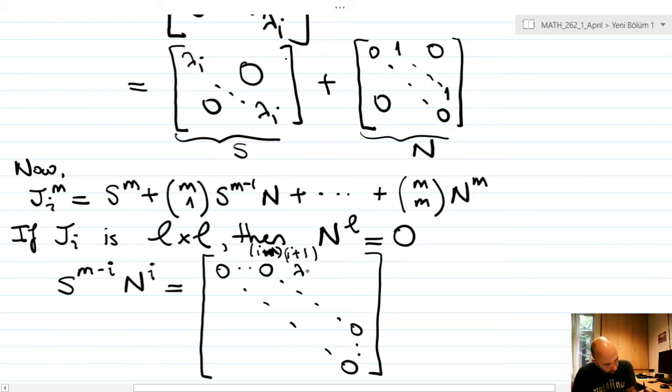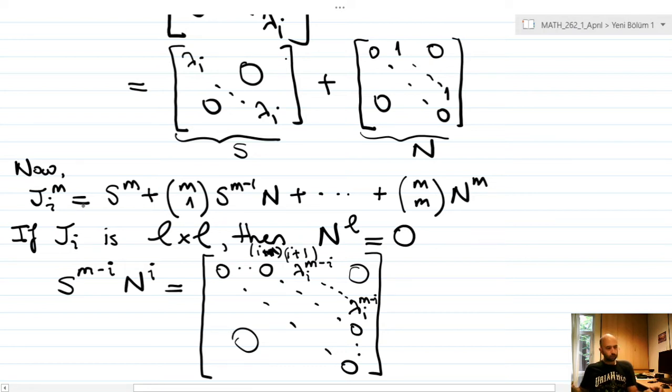So this is lambda_I to the power M minus I, and this goes all the way down to here, lambda_I to the M minus I. The lambda_I to the M minus I comes from the powers of the diagonal matrix, the positions of the ones are because of N to the power I, and the rest are again 0.